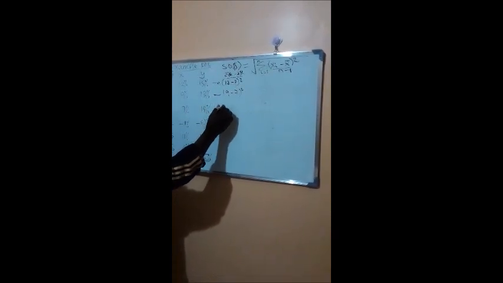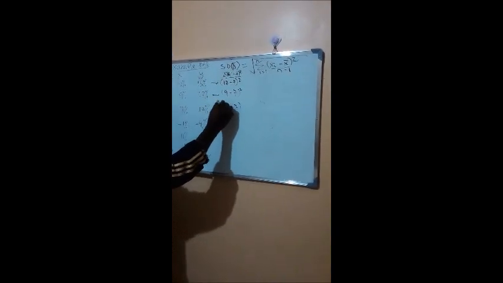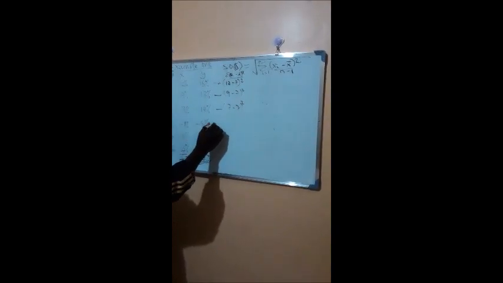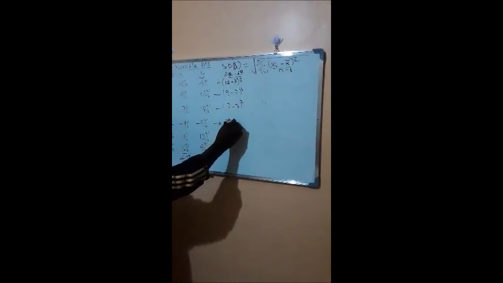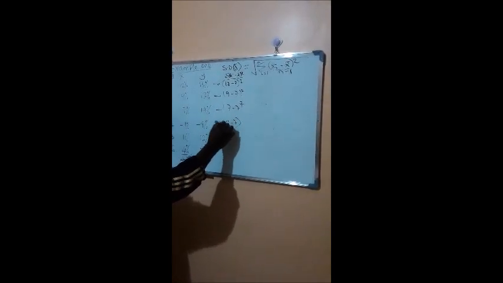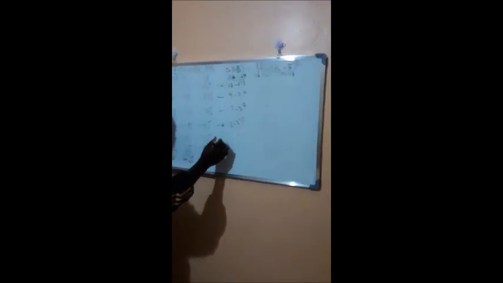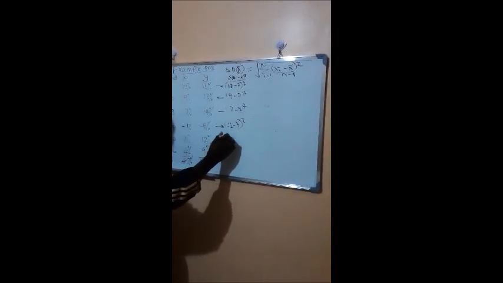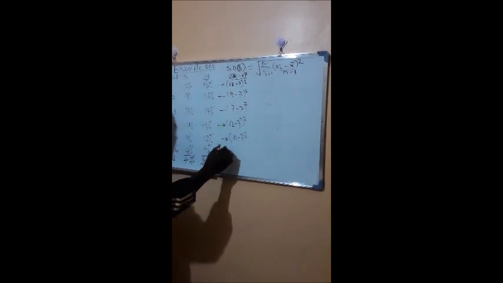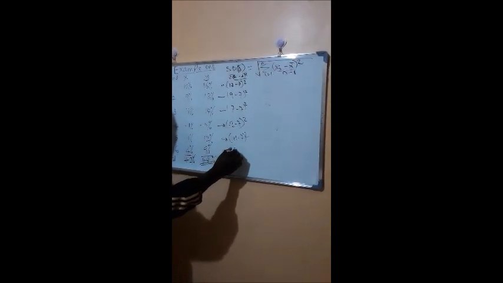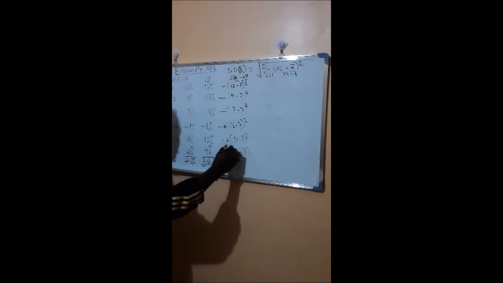Period 3 is 7 minus 7 squared. Period 4 we have 1 minus 7 squared. Period 5 we have 11 minus 7 squared, and last it is 4 minus 7 squared.